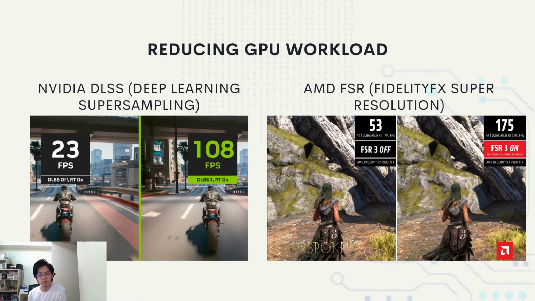Also, GPU manufacturers have developed many technologies to lessen the GPU's workload at the cost of some image quality. Notable examples include NVIDIA's Deep Learning Super Sampling, also known as DLSS, and AMD's FidelityFX Super Resolution, or FSR.